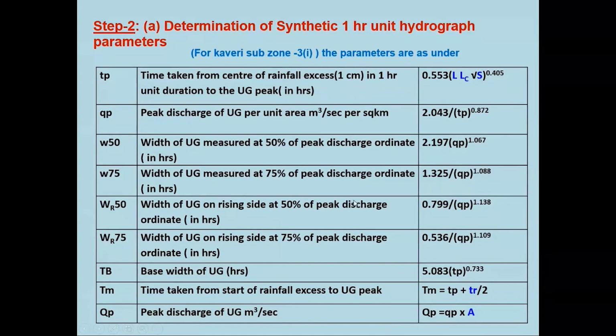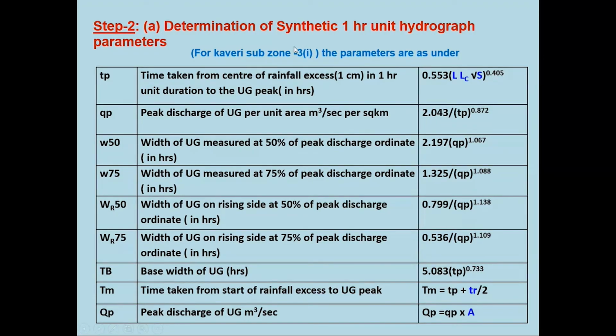The only thing you will find is that there are a few figures shown in blue. Only these blue figures have to be filled in to find the values at these locations. L is the longest stream, LC is the distance from the center of gravity of the longest stream to the bridge site.